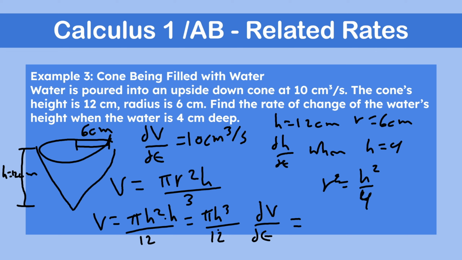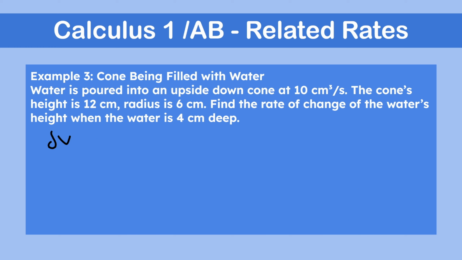So we have 3 over 12, so that's going to be pi h squared over 4 multiplied by dh/dt. So now we have what we're looking for, dh/dt, but we need to solve for it in terms of the other variables. So we have dV/dt is equal to pi h squared over 4 multiplied by dh/dt.